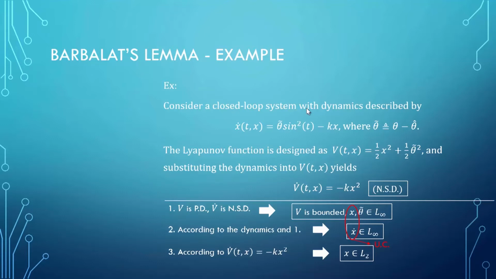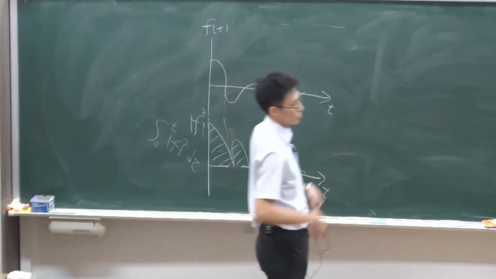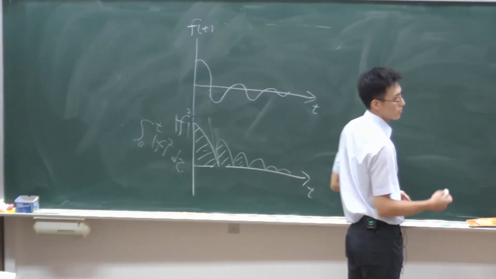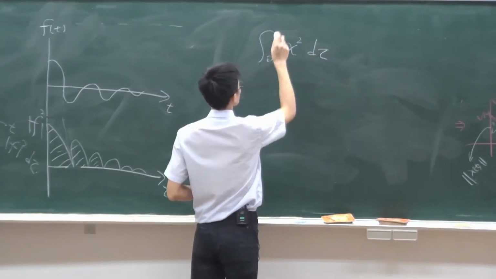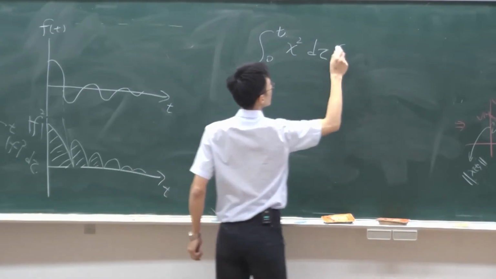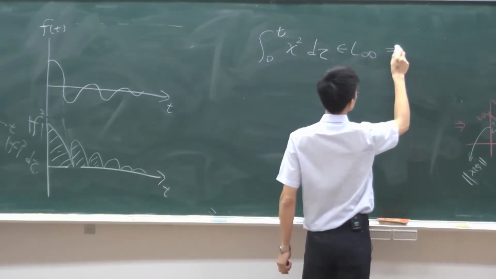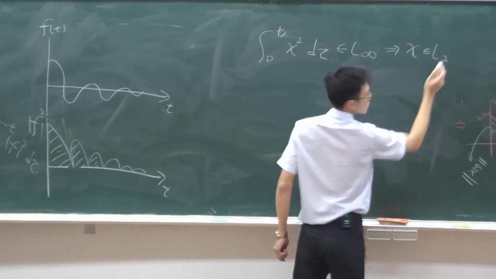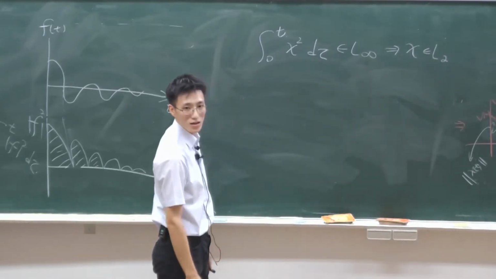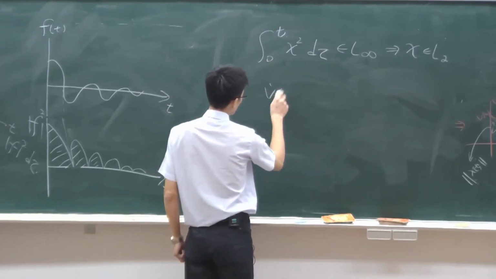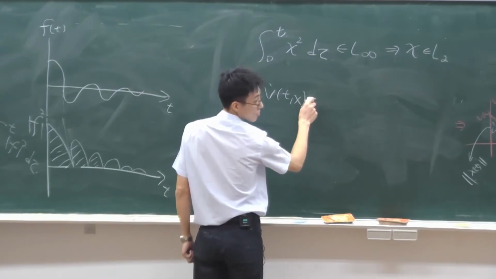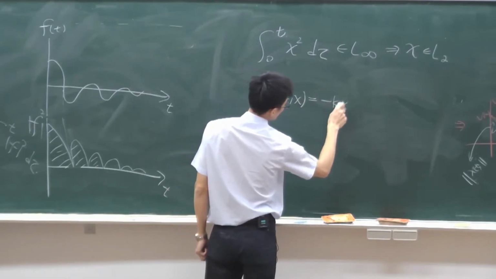See, L2 means the integral of the square of the function is bounded, right? So to prove X is L2, you need to integrate X squared with respect to time. If it's bounded, it means X is L2, right? Okay. How did you show this? Use this condition, V dot equal to minus kx squared.